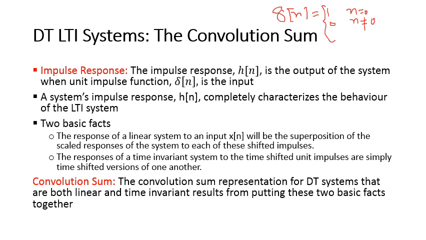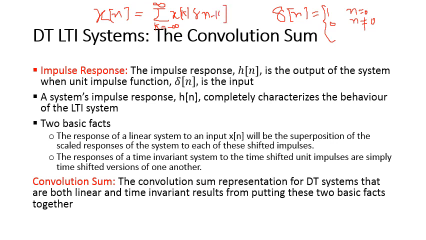And you also know that we can represent a discrete time signal in terms of scaled and shifted impulses. So any signal, for example x of n, can be represented as the summation over k running from minus infinity to infinity of x of k delta of n minus k, right?